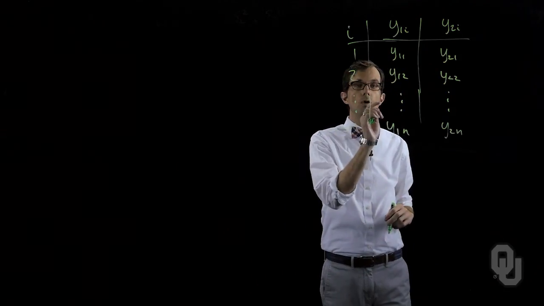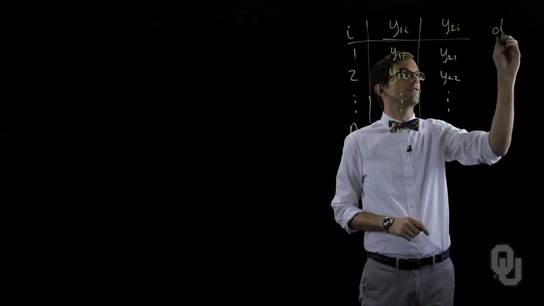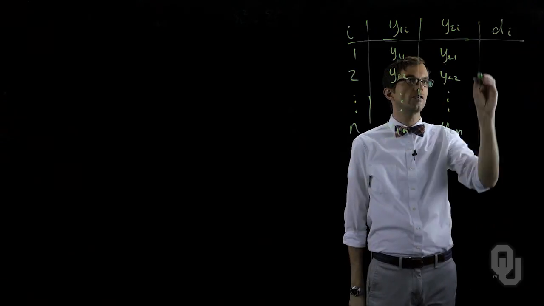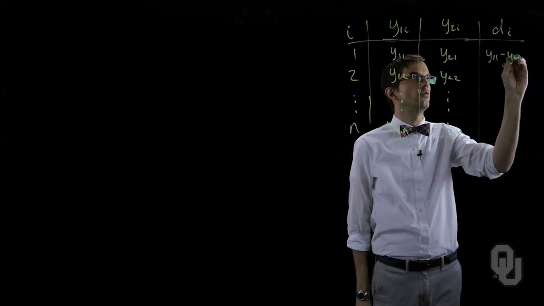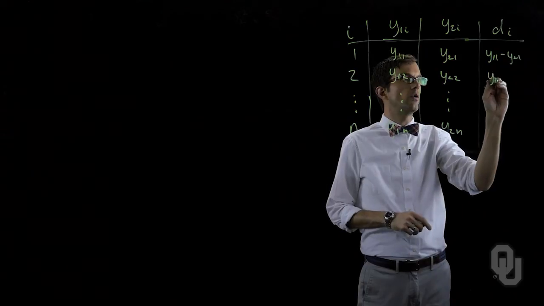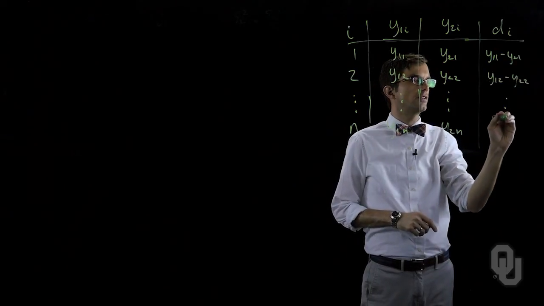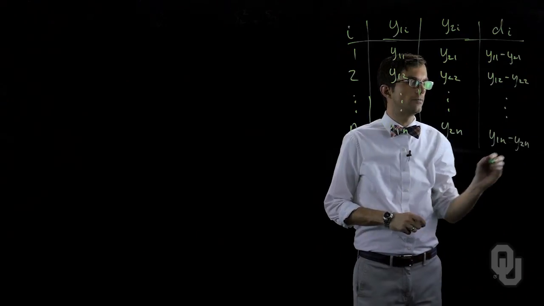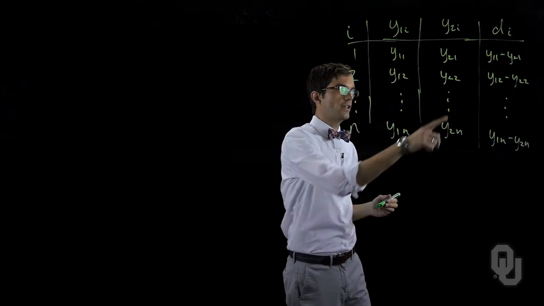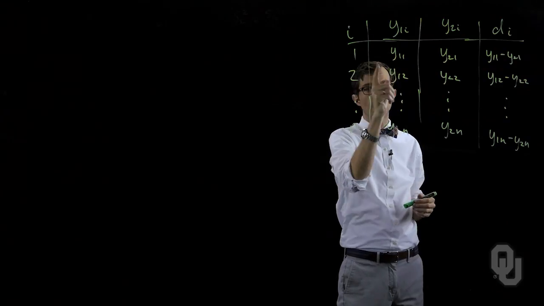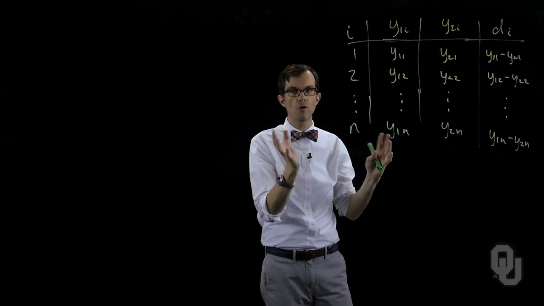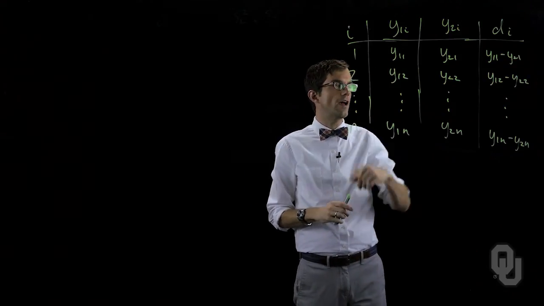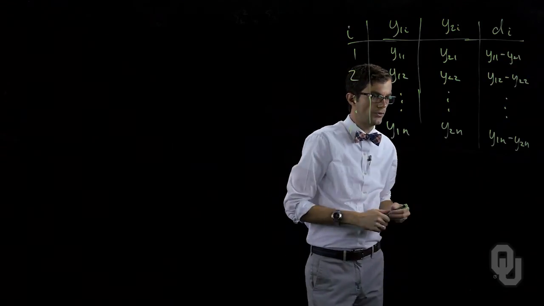Here we calculate the difference. What is the difference between these two values? That's y11 minus y21, then y12 minus y22, and so on down to y1n minus y2n. These values are the differences, the before minus the after. I use before and after, it doesn't necessarily have to mean that, but it's one easy way to think about this. So we calculate those differences.